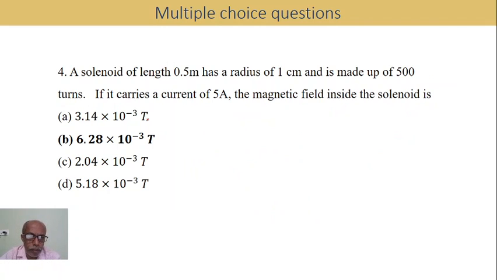Now, the next question. A solenoid of length 0.5 meter has a radius of 1 centimeter and is made up of 500 turns. It carries a current of 5 ampere.